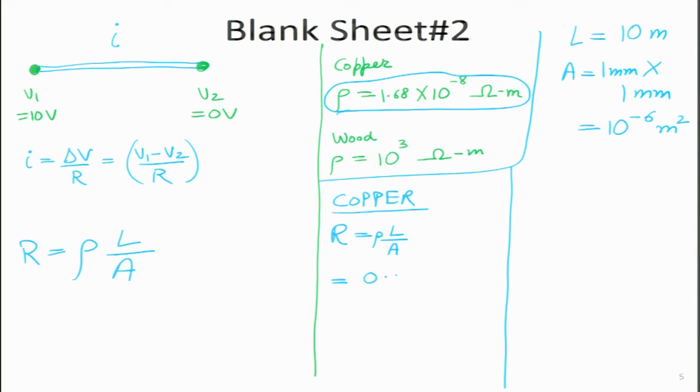It turns out to be, so if you ask me, this is a very low value of the resistance of copper wire. So, keeping in mind that the length of the copper wire is around 10 meters, the cross section is very small, but because primarily its resistivity value is very low, that is why its overall resistance value is also very low.